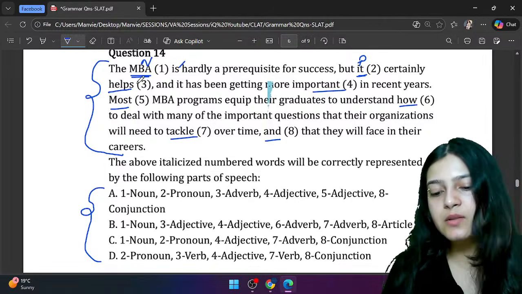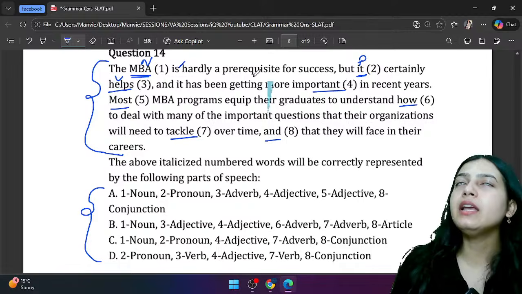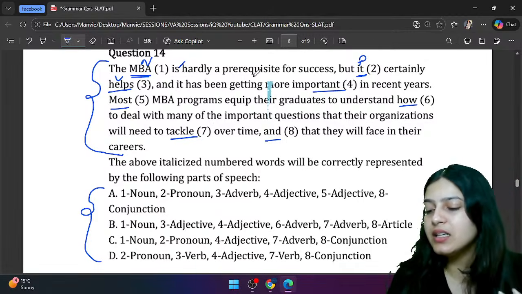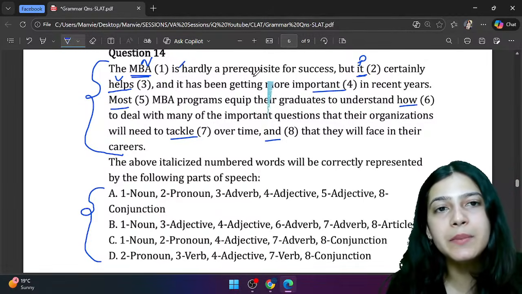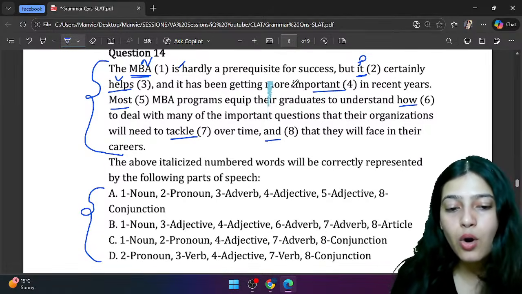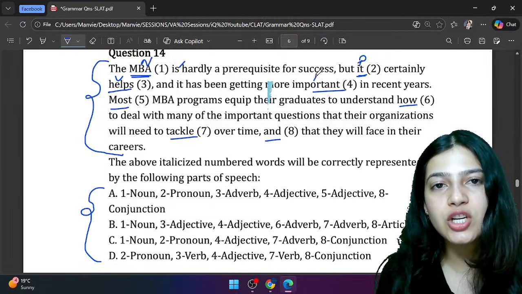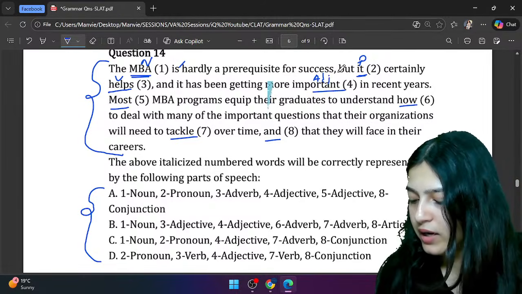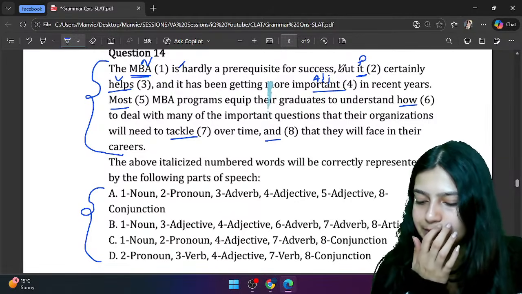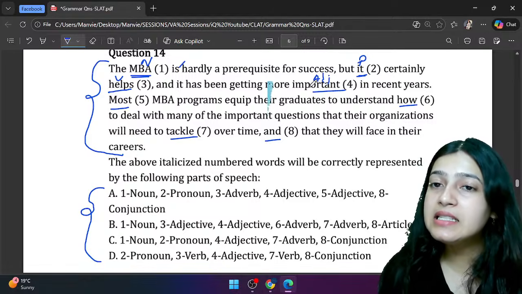Helps is basically a verb here. Help can be a noun also, but here it's a verb. Certainly helps. And it has been getting more important, right? So important basically is an adjective. You guys are not writing the answers, huh? Okay. Important in recent years.